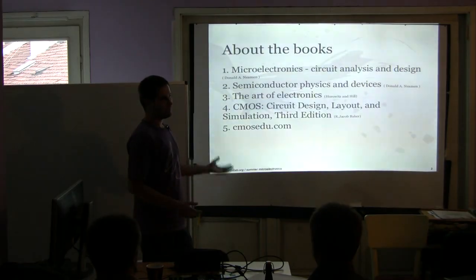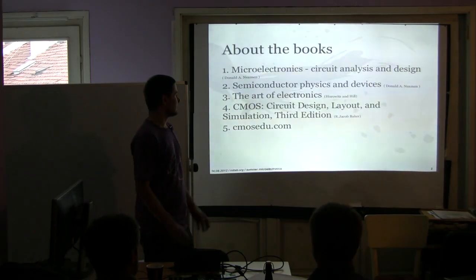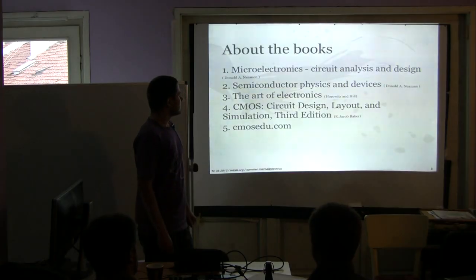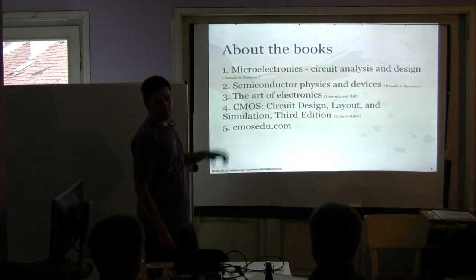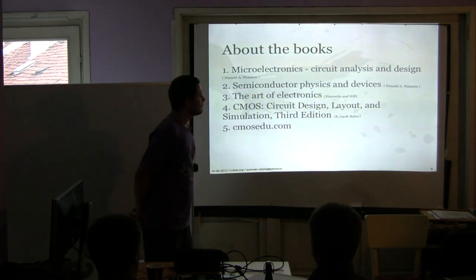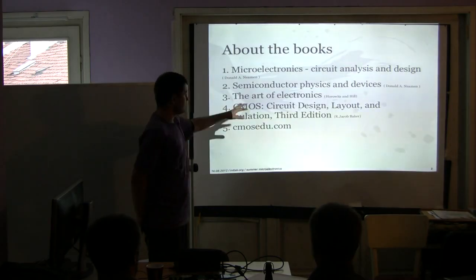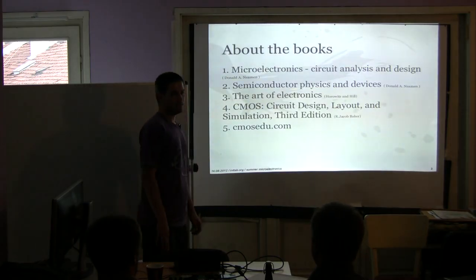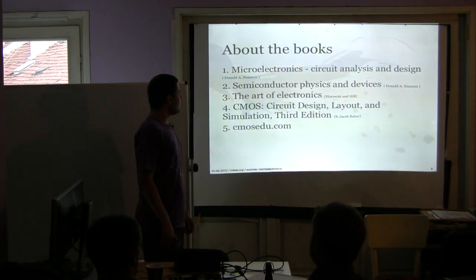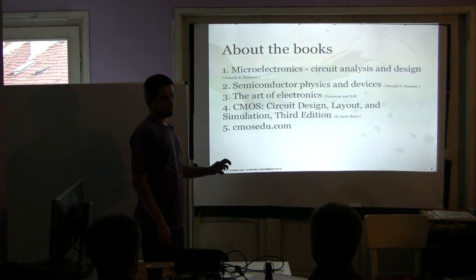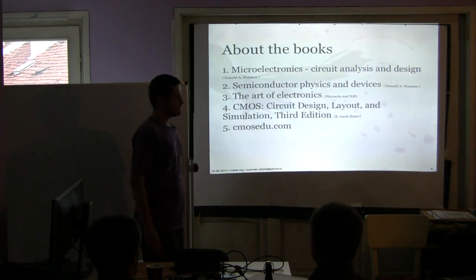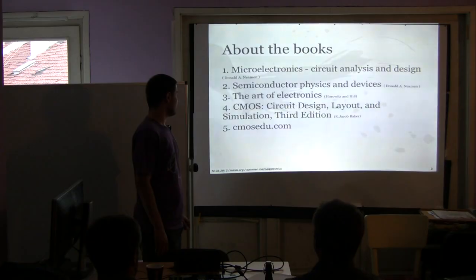When you need something, they are divided by chapters, and so you can look for what you are looking for. Very descriptive book with lots of circuits in it, examples, and calculations, so you can use it as a reference.